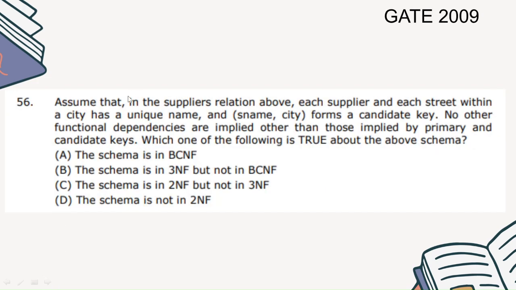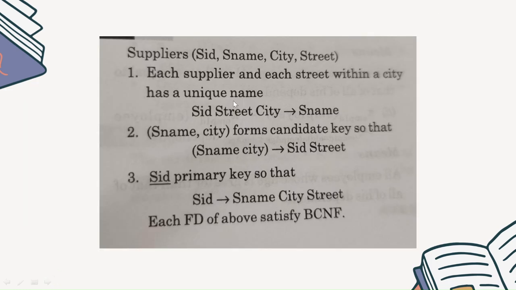The next question is, assume that in the supplier relation above each supplier and each street within a city has a unique name and (S name, city) forms a candidate key. No other functional dependencies are implied other than those implied by primary and candidate keys. Which one of the following is true about the above schema? So the correct option of this question would be A. The schema is in BCNF, because as we see, each supplier and each street within a city would have a unique name.